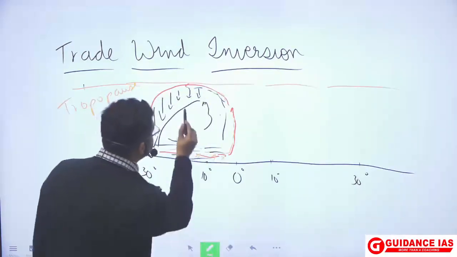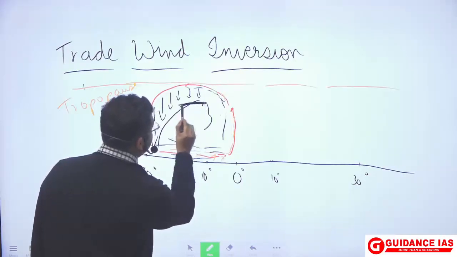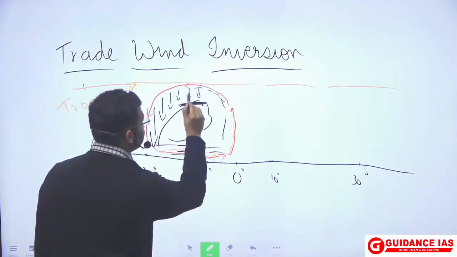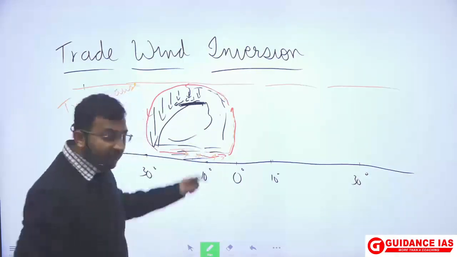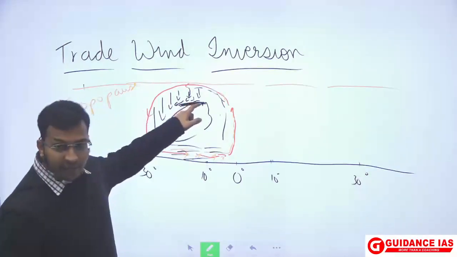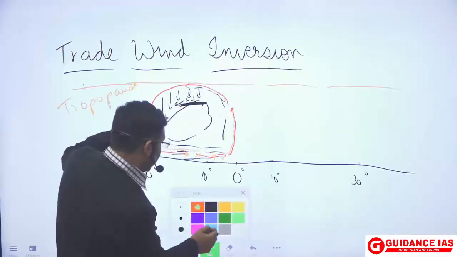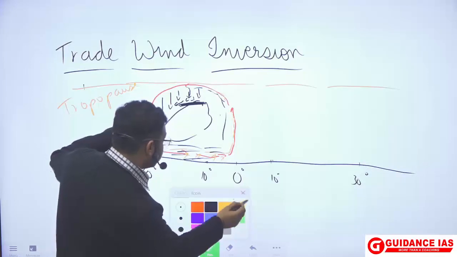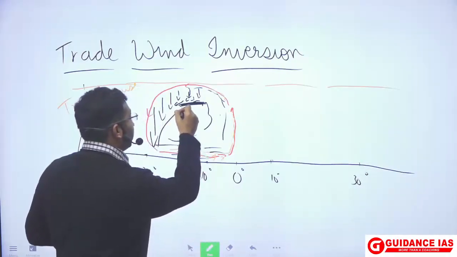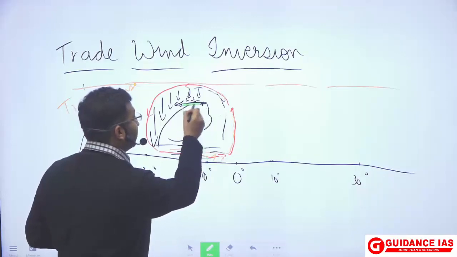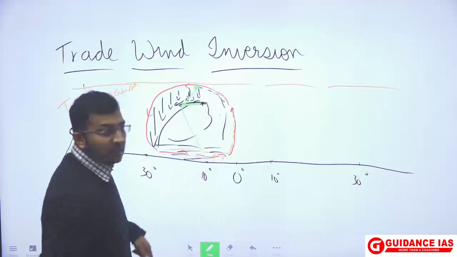So what happens in this region? As it is subsiding and being pushed away due to adiabatic heating, a warm layer will be formed over here. In this region, if you are moving above, the temperature goes on decreasing, but here a warm layer will be present and here it goes on increasing further.